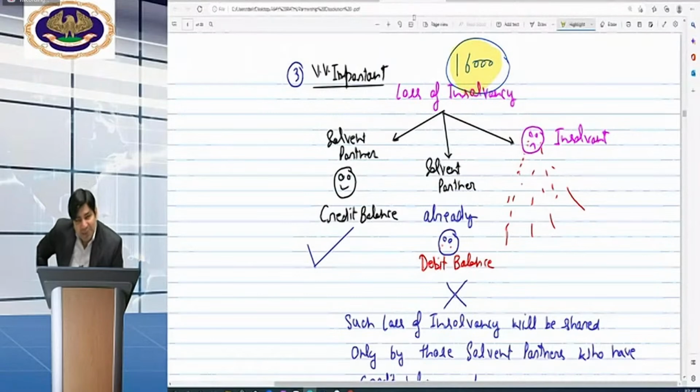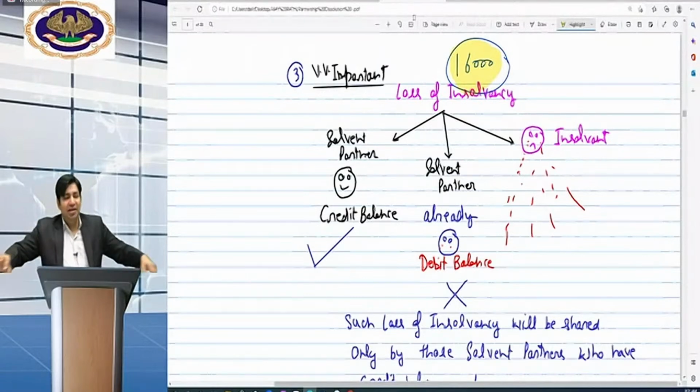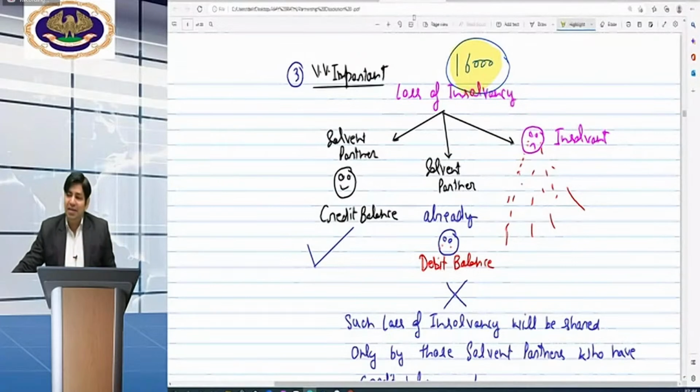Now, at this moment, we have to calculate the balance first. Other than L, please calculate the balance. What is the amount of the balance of each partner? And now check which of them have a credit balance. Only those will bear the expense.